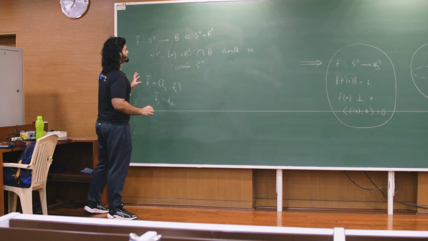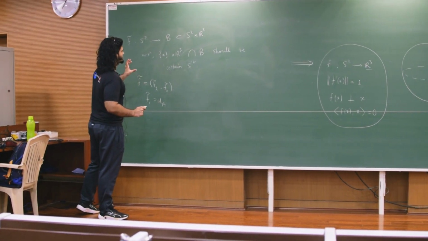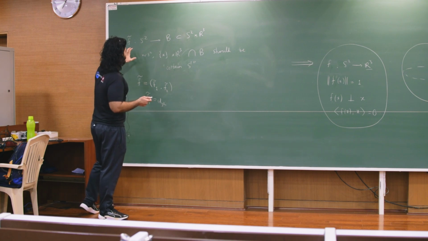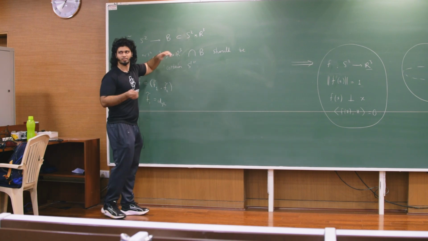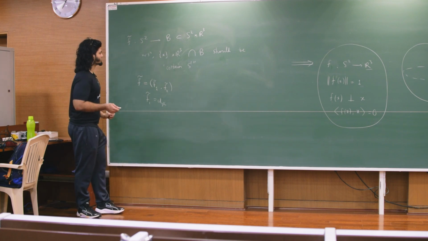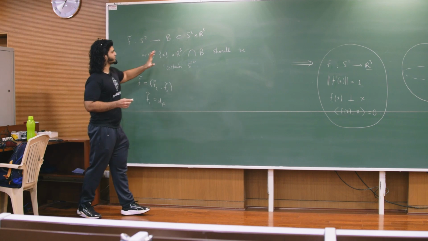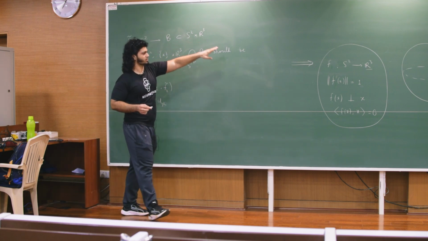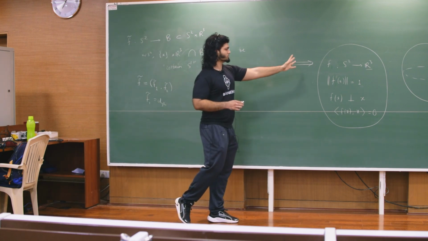So I'm adding an extra coordinate, but it's a trivial coordinate. It's just the identity map on that coordinate.